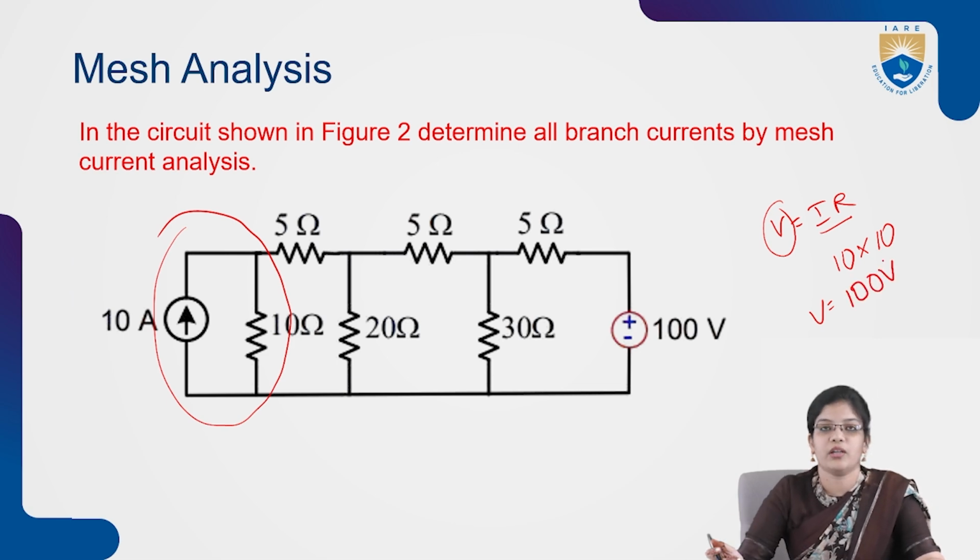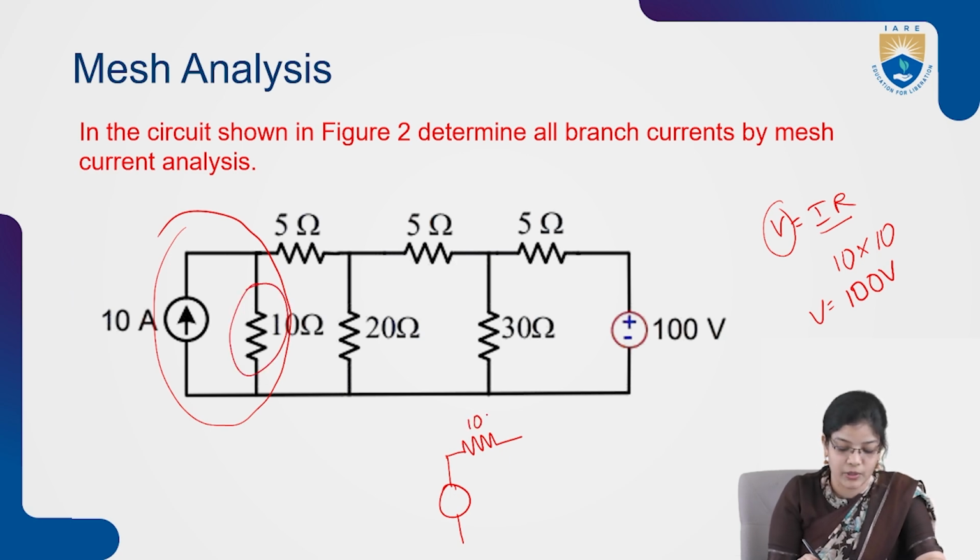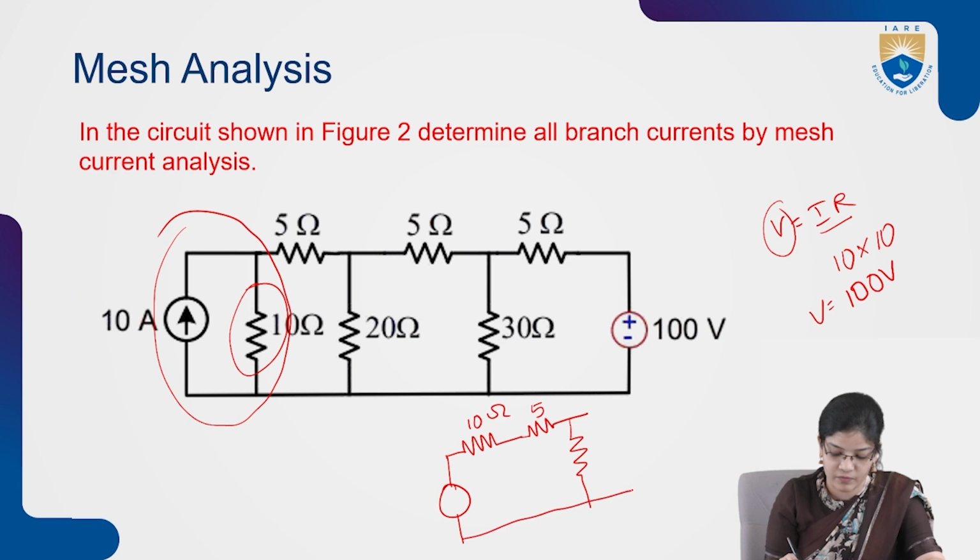Here we have to redraw the circuit with a single voltage source in series with a resistance. This resistance we have to take as it is. It will be 10 ohms, and then again the 5 ohms, and all the rest of the circuit will be connected in the same way.